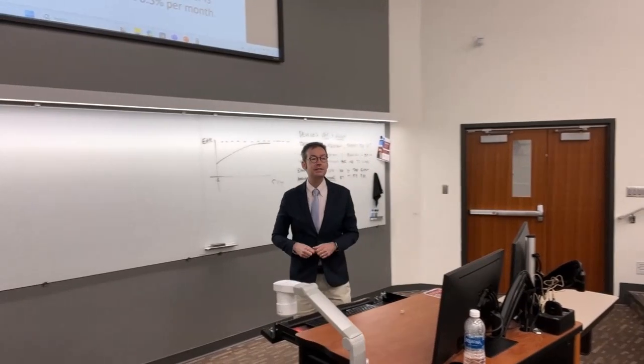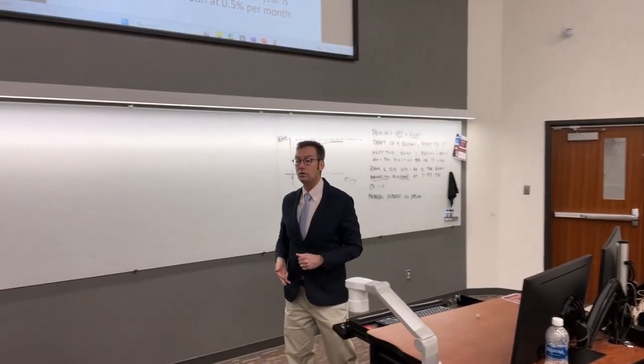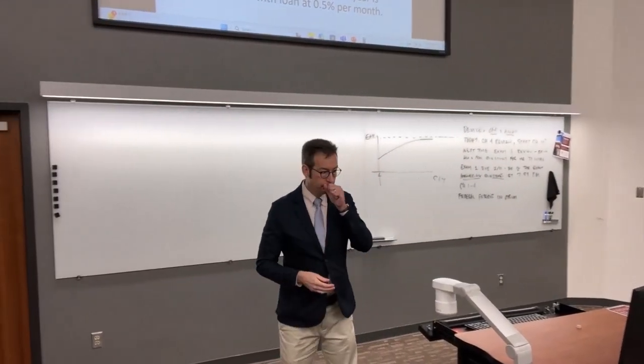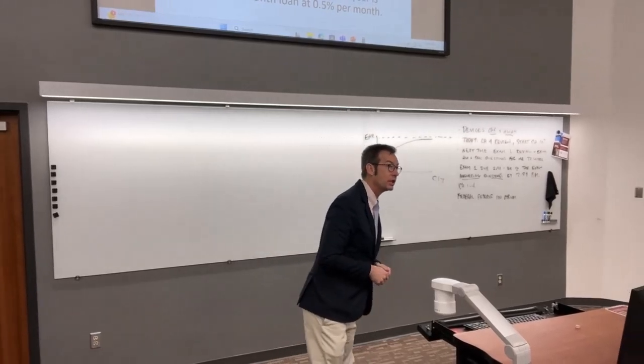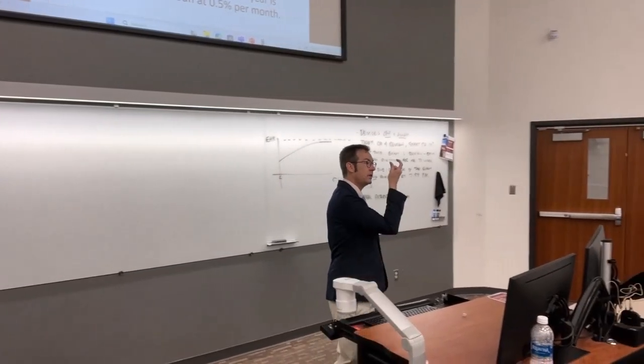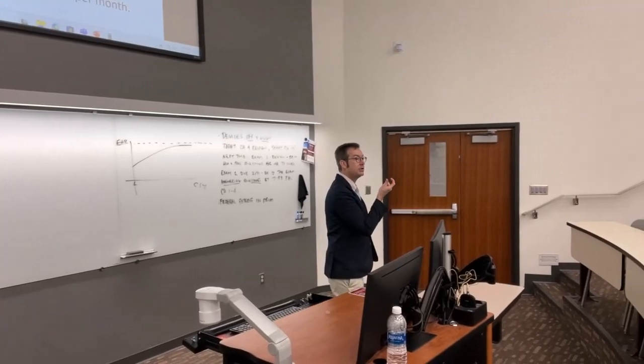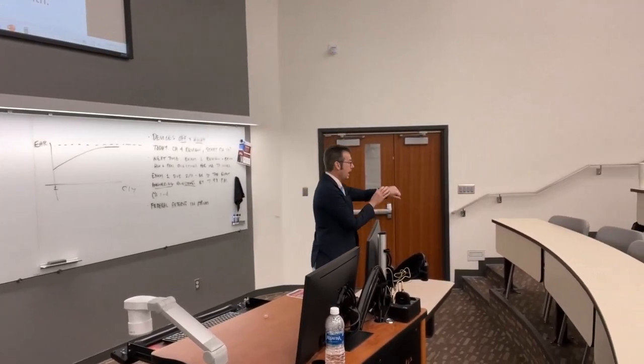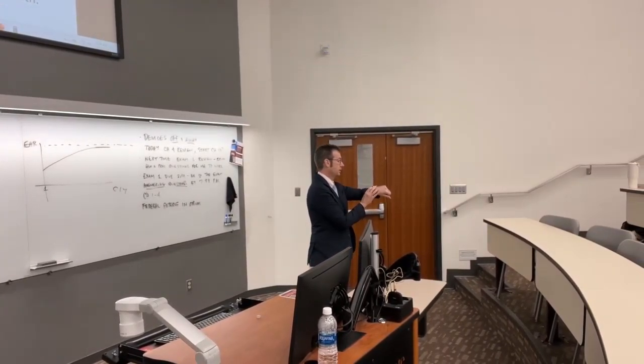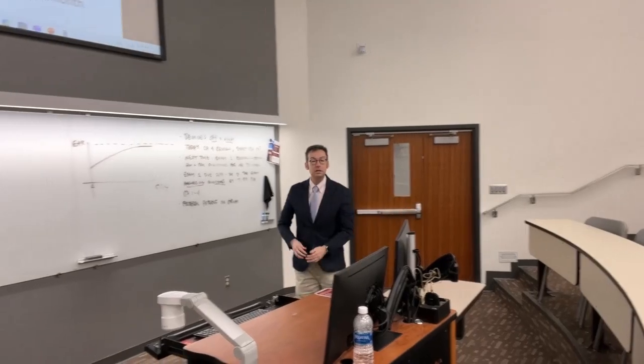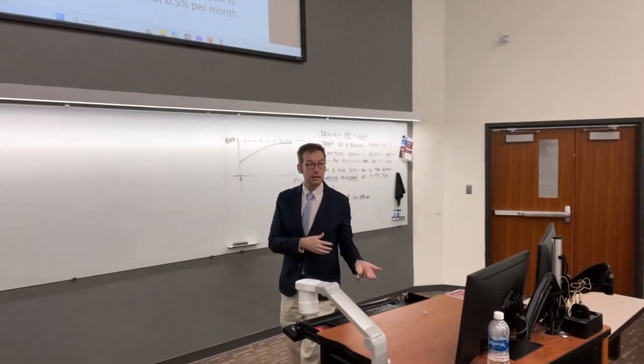Year. And that is a stated, nominal, quoted, or annual percentage rate. How much are your monthly payments? By the way, your interest rate needs to be on the same time scale as the payments, right? And so if I've got a monthly payment, I've got to have monthly interest rate.